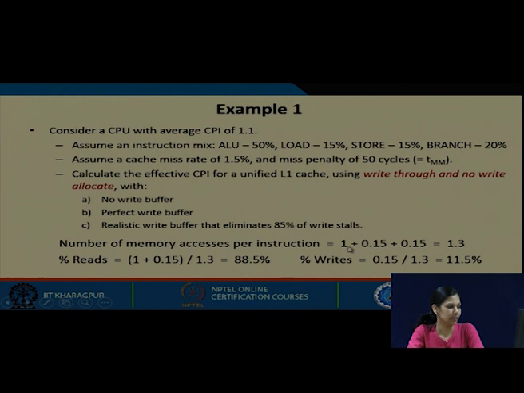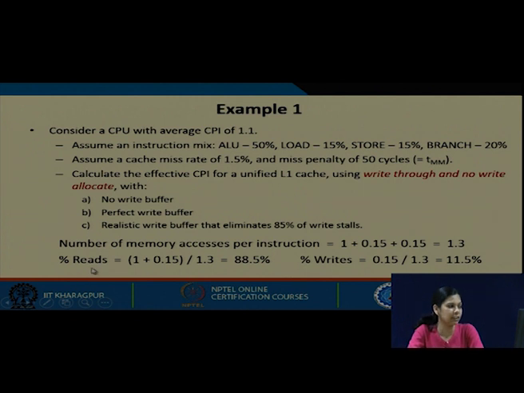So, 1 is for just fetching that instruction, we require one access for that, and then 0.15 for load, 15% of load instructions, and 0.15 for store, where we will require a memory operation. So, the total is coming to 1.3. For all instructions, the access is 1, and 15% for load and 15% for store.